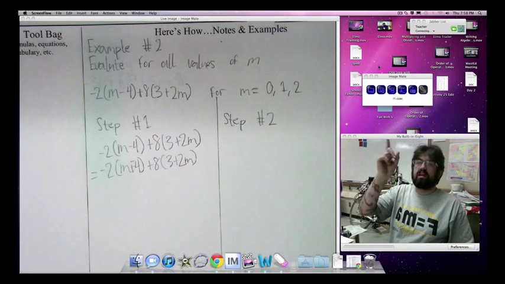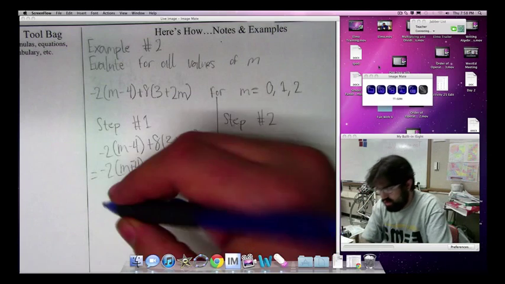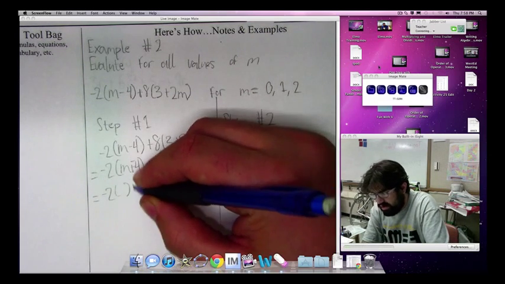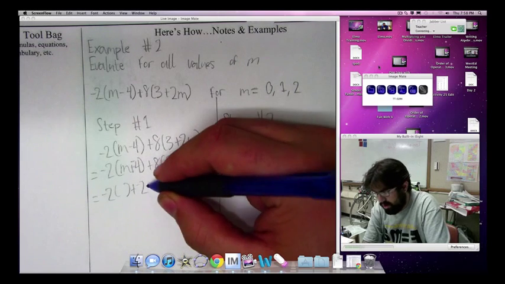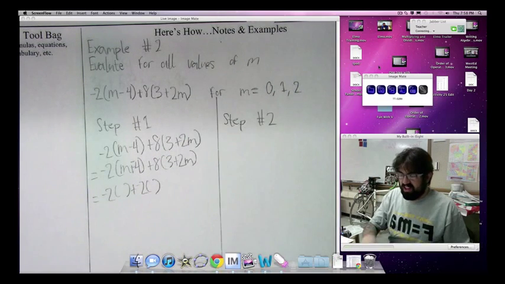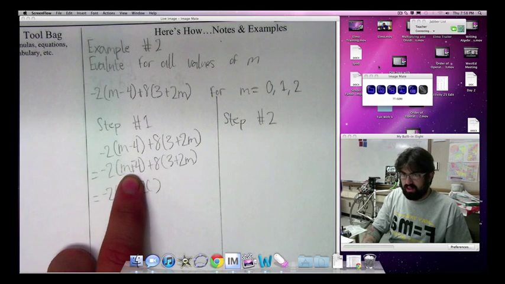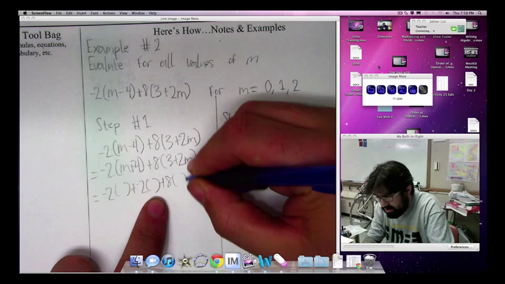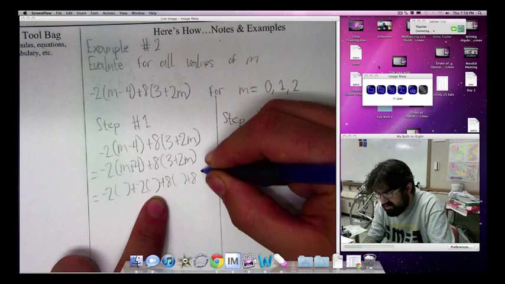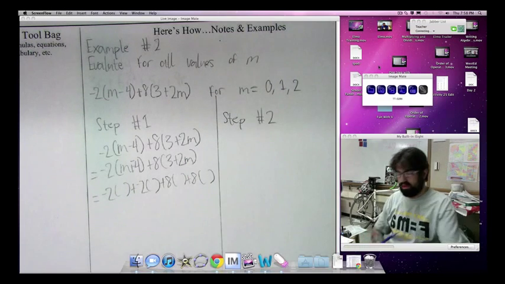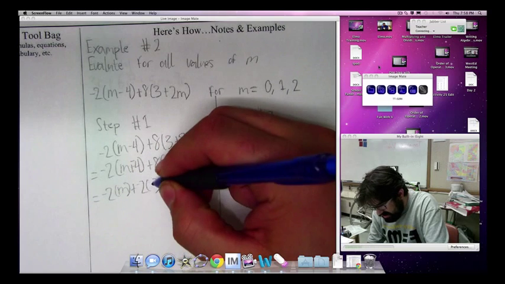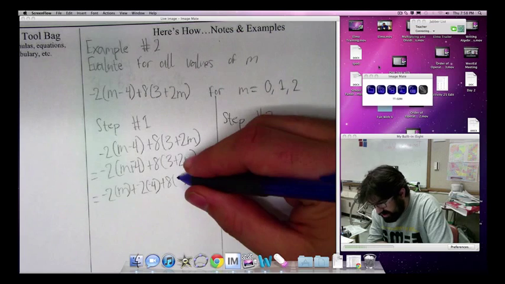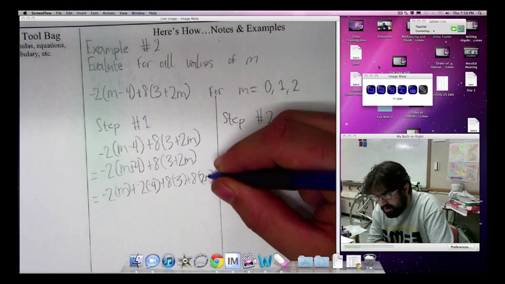Step 2, distribute. Negative 2, this is going to get pulled apart. Negative 2 is in front of both. But notice, negative 2 is in front of this one. 8 has got its own problems. 8 has something else inside of it. M and negative 4 go inside the ones of the 2. 3 and 2m go inside of that one.